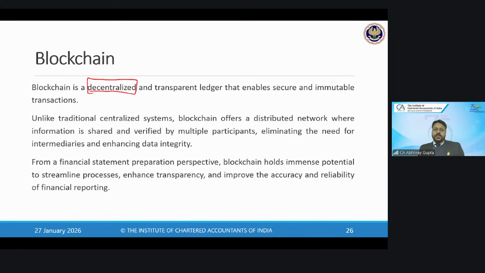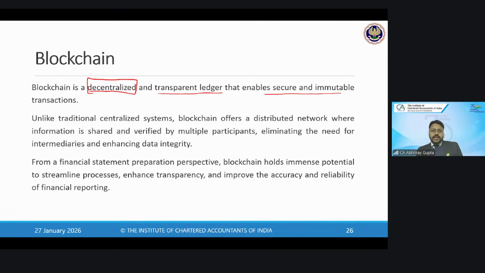Blockchain is working on a decentralized mechanism, where the information piece can be verified on a real time basis, because it is available at different sources, so every person has the same information at the same time, because it is a transparent ledger as well. Right, so it is a decentralized and transparent ledger that enables secure and immutable transactions.